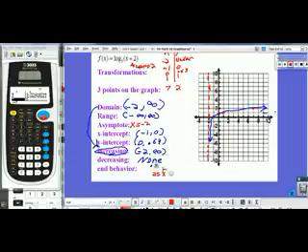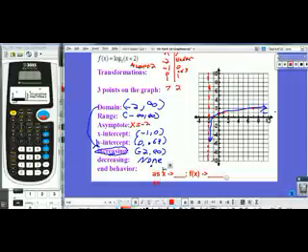As x approaches blank, f of x approaches blank. And got to do the same thing one more time.